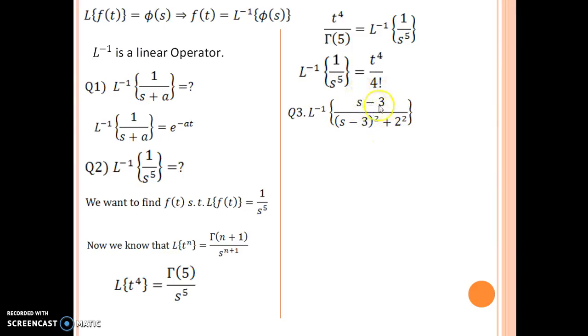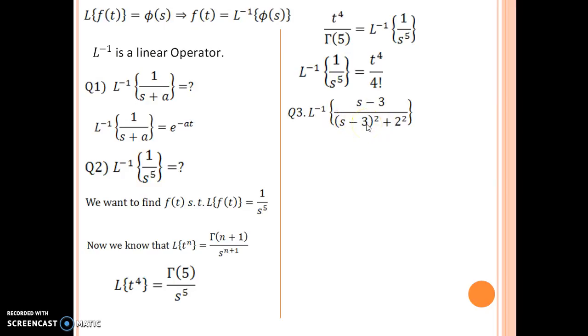If you replace this s minus 3 by some quantity m, it is m upon m square plus 2 square. So it is the format of cosine's Laplace, but s is shifted by s minus 3.